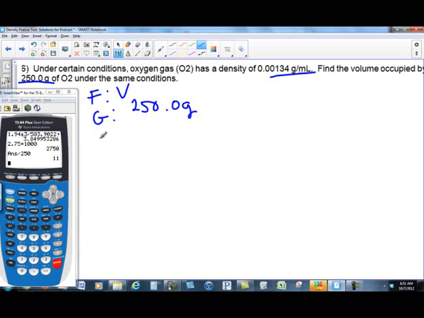So I'm just going to start with my grams of oxygen, and I'm going to use the density. 0.00134 grams is 1 milliliter.